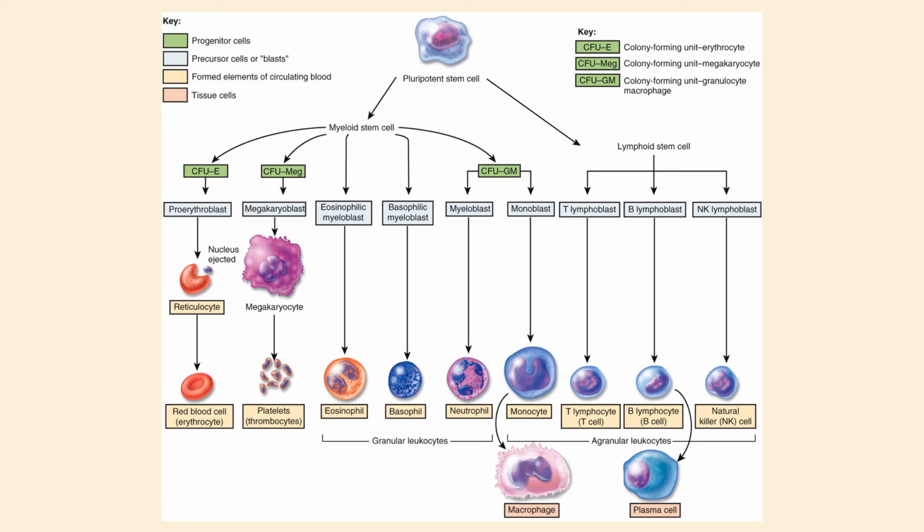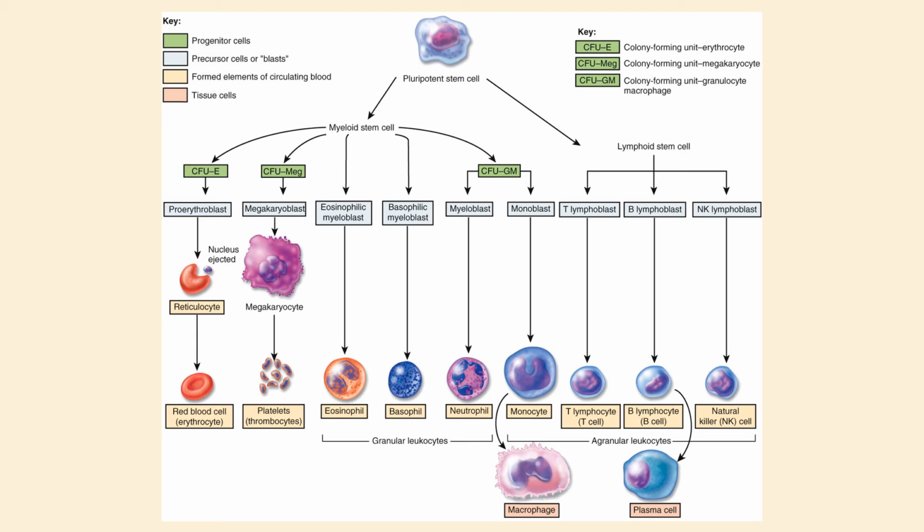On the right, the lymphoid stem cells give rise to T cells, B cells, and natural killer cells. If you've studied the immune system before, perhaps you recall that one of the types of white blood cells are the lymphocytes. And within the lymphocytes, there are 3 different types: T cells, B cells, and natural killer cells. And even within those, there are subtypes.